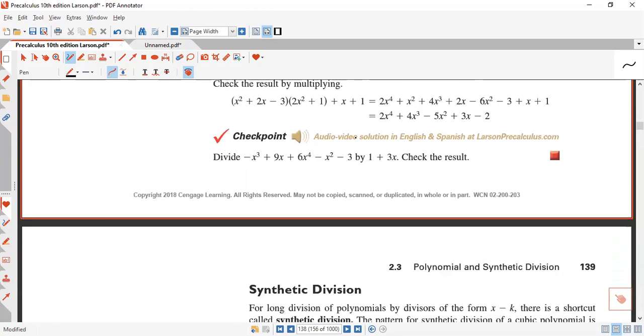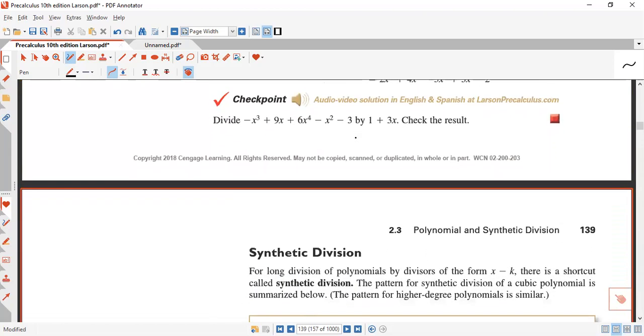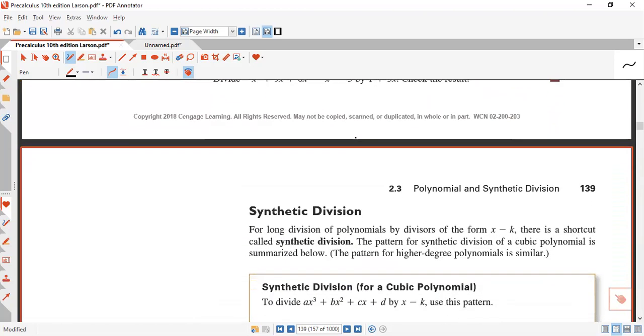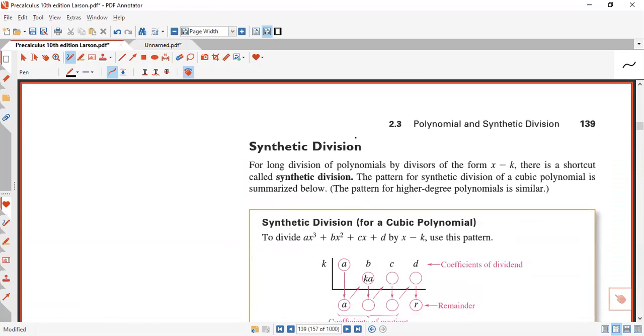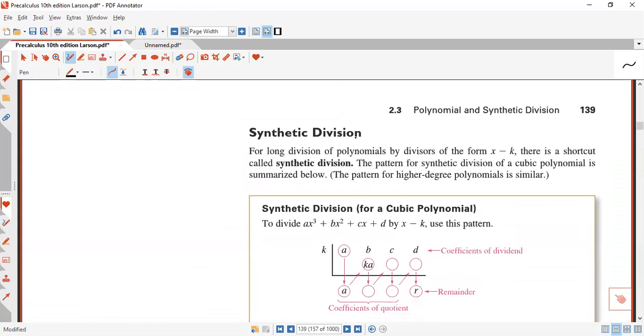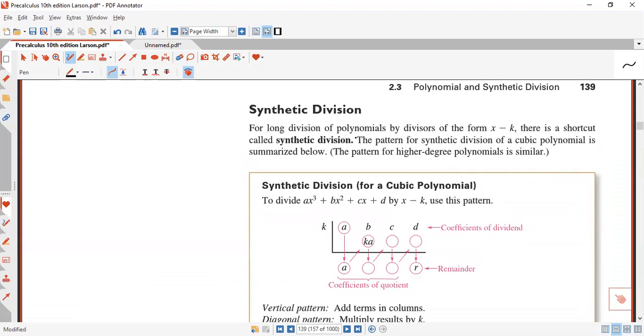There is a pattern while dividing. After seeing these two to three examples of long division, you come to know that there is a pattern in divisor and dividend. And that pattern is generalized in this division that is known as synthetic division.